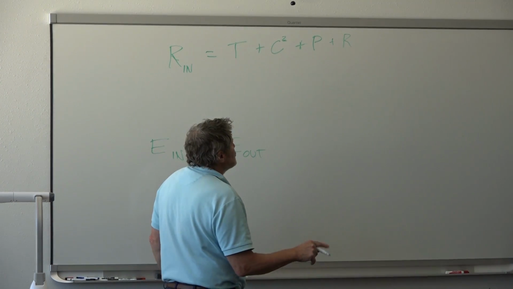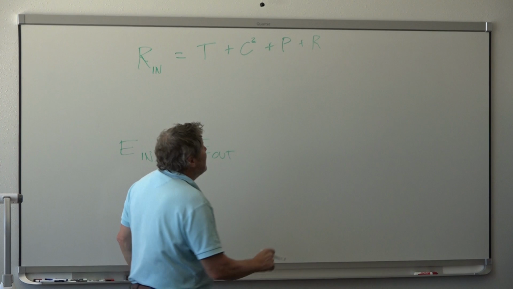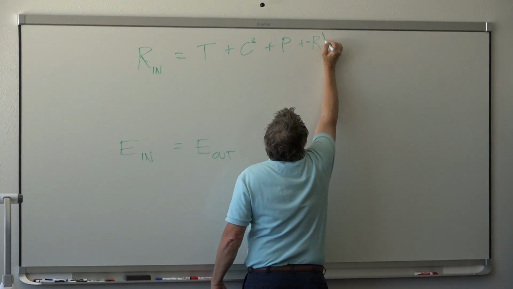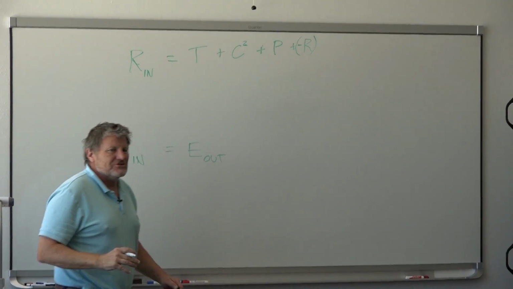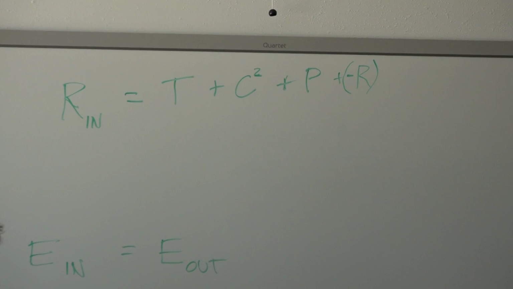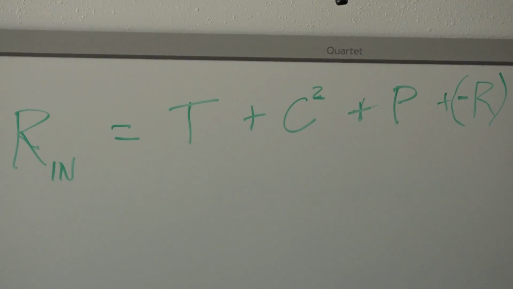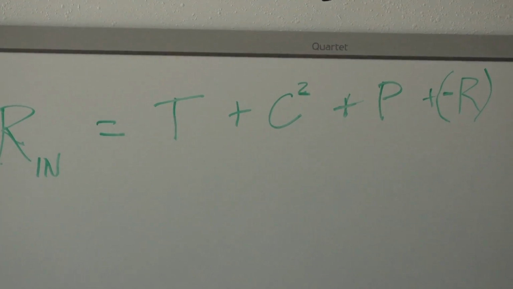But because respiration is adding to the heat, we really have to do something like minus respiration, because it's giving off heat, it's not using it. So those four components are the essence of this, the four on this side.